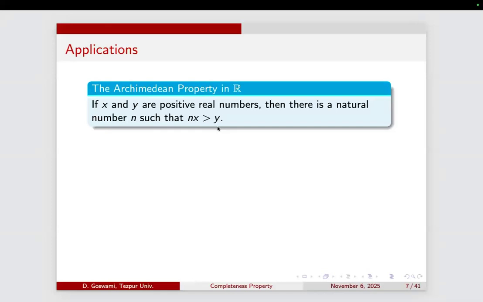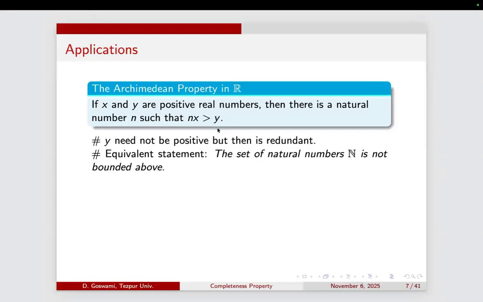One can say that y need not be positive. Yes, y need not be positive, but that is redundant because you already assume that n and x are positive. So any zero or negative number would anyway be less than nx. Also, if I assume x equals 1, it simply says that n is strictly greater than y.